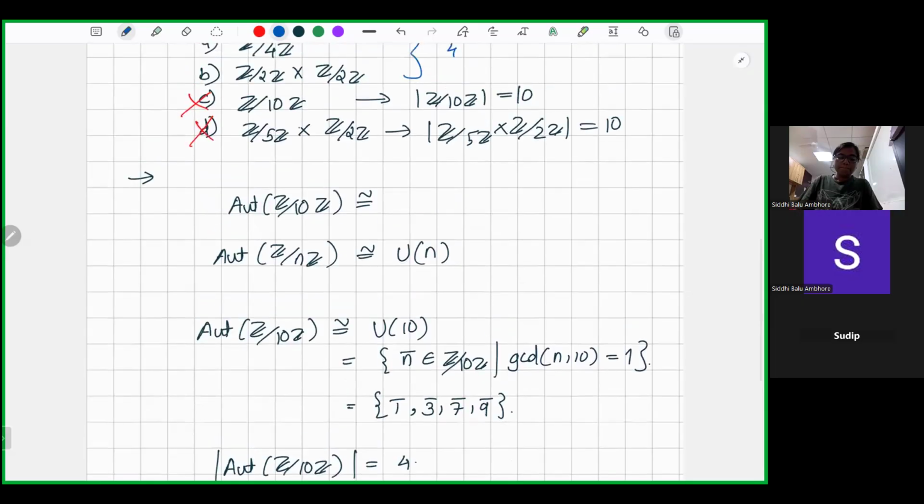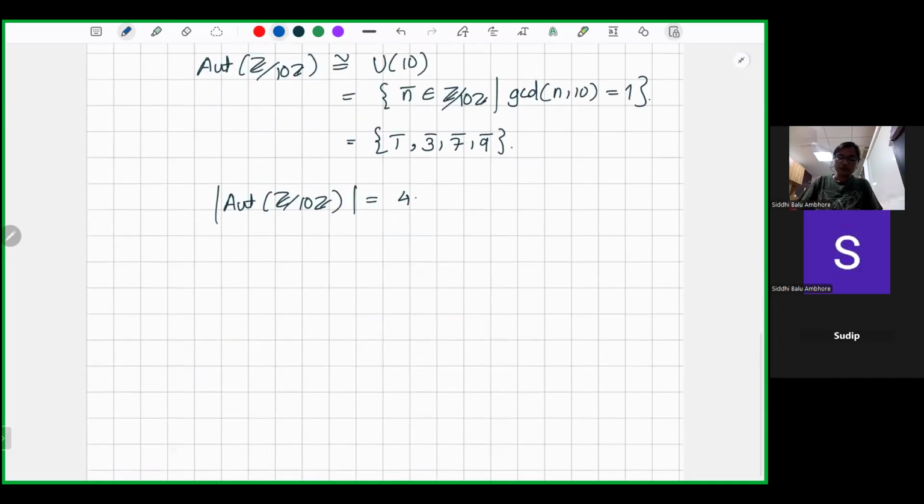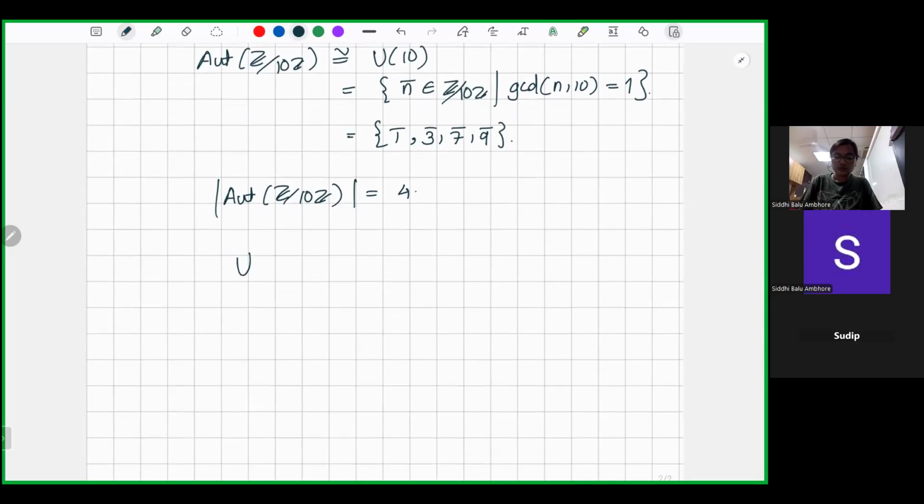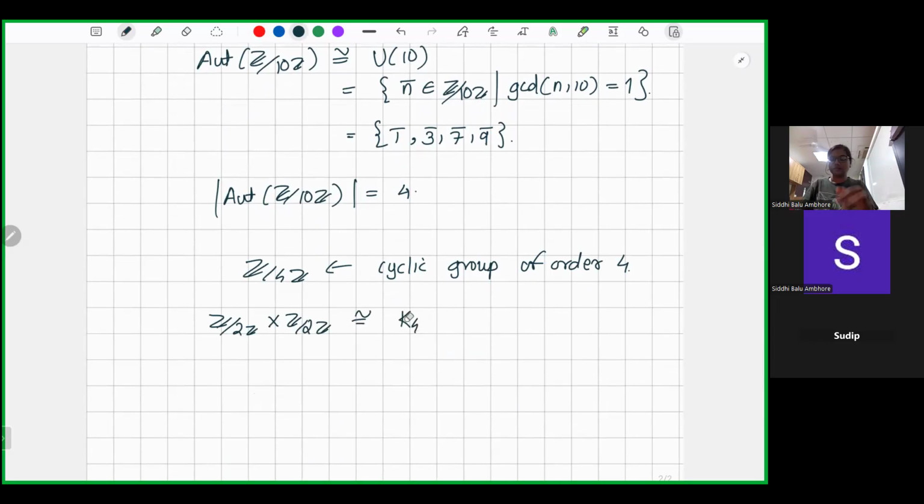In short, we have to check whether Z4, the cyclic group of order 4, or Z2 cross Z2 is the answer. Z2 cross Z2 is isomorphic to K4, the Klein 4 group.